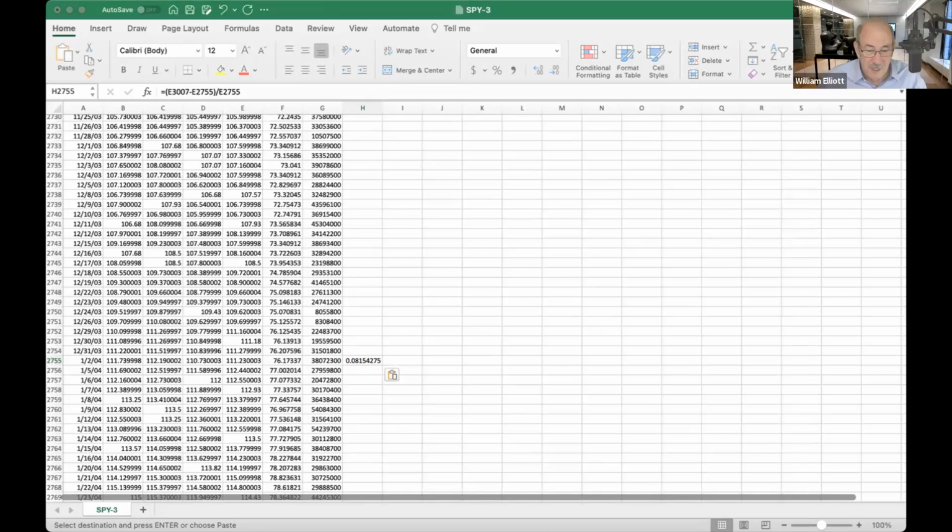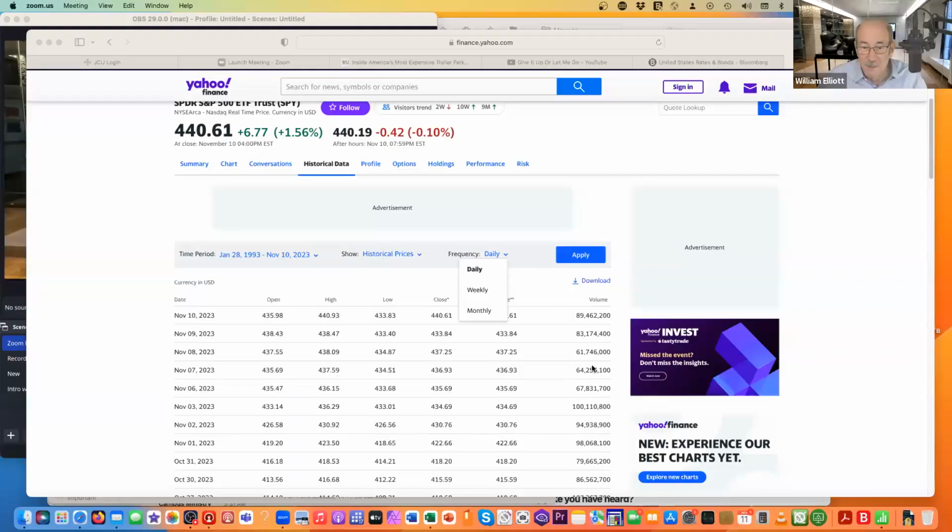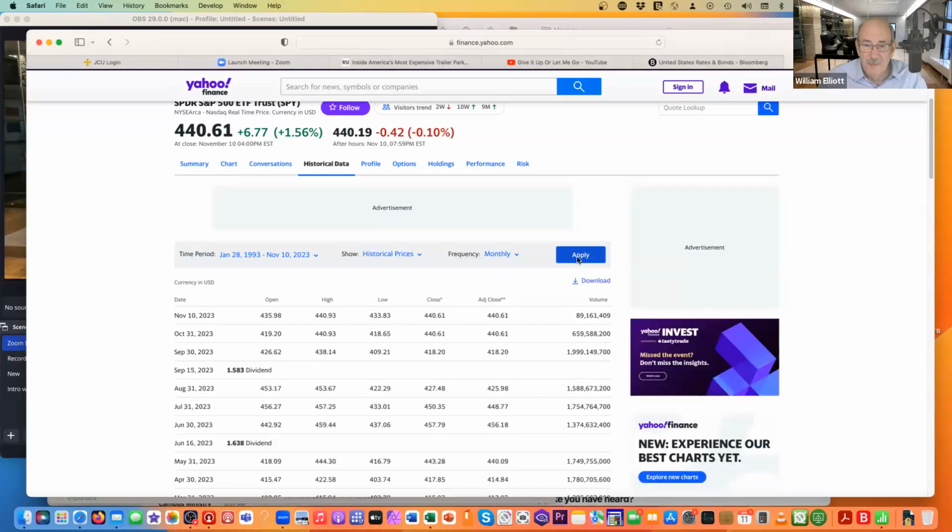Let me share my desktop to make it easier. I would flip this to monthly frequency and apply it, and then it'll be a lot easier to get your numbers. Then you only have to go every 12 rows, and then average that.